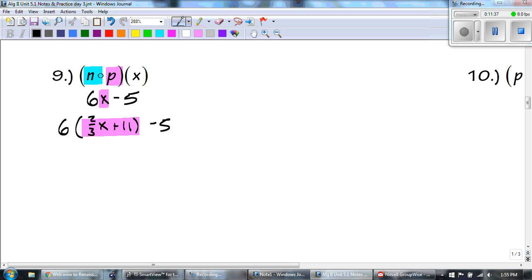That's my p. So I'm going to go ahead and distribute 6 times 2/3. 6 times 2 is 12. 12 divided by 3 is 4x. 6 times 11 is 66 minus 5. Go ahead and combine your like terms, and we get 4x plus 61.